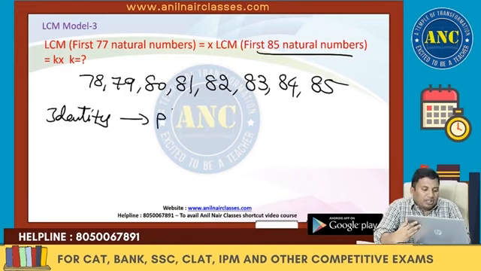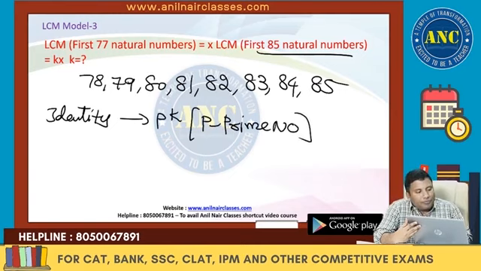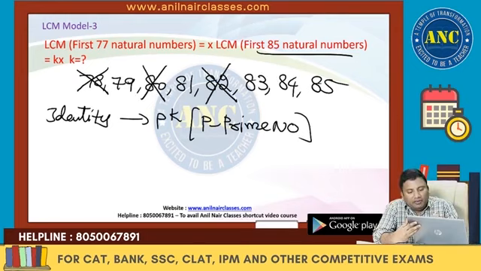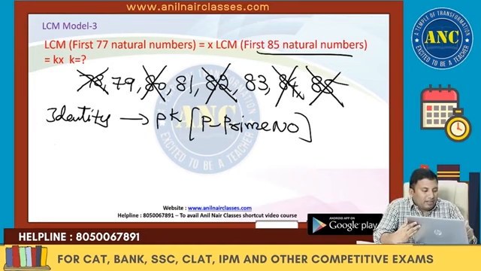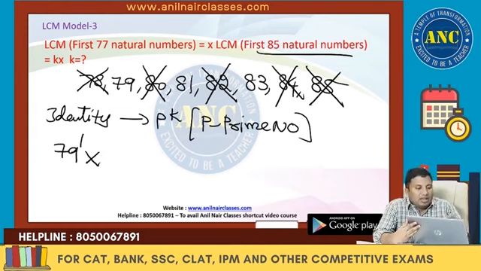Identify the numbers which are of the form p power k, where p is a prime number. 78 is 2 into 39. 79 is 79 power 1 as it is. 81 is 3 power 4.